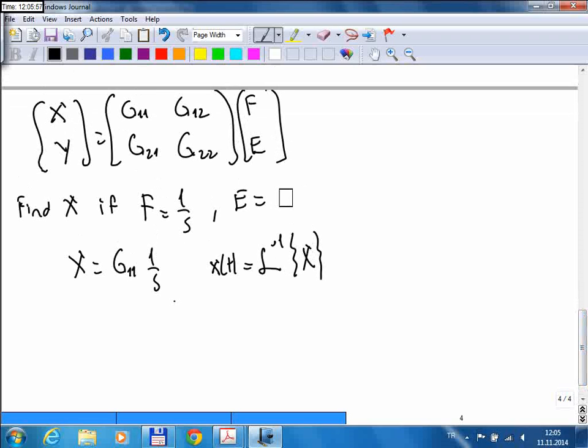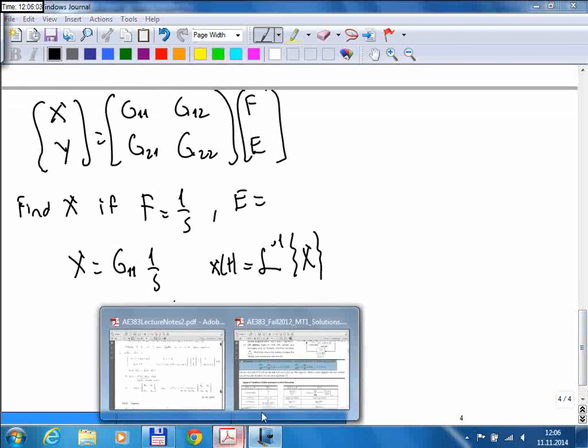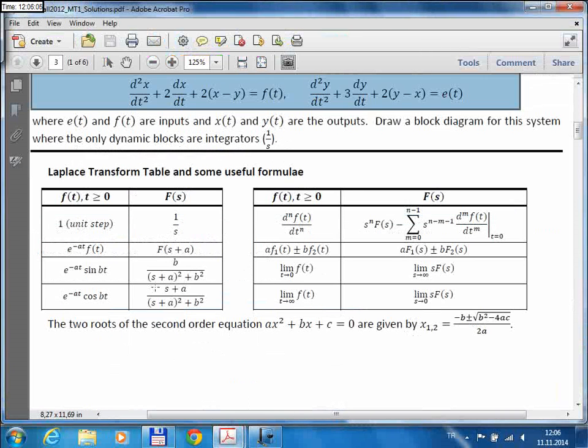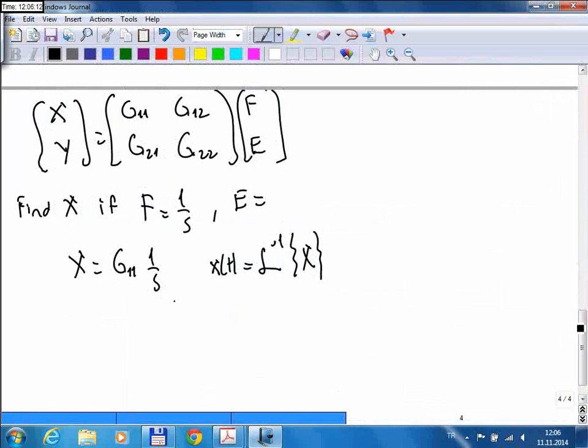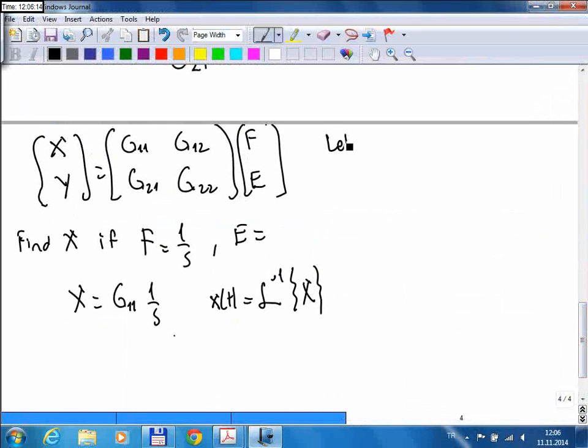So let E be a sine wave. So that's a better option. So let me find the Laplace transform of sine wave though. So let me first write the time functions. F is equal to u of t, and e of t is equal to sine omega t.